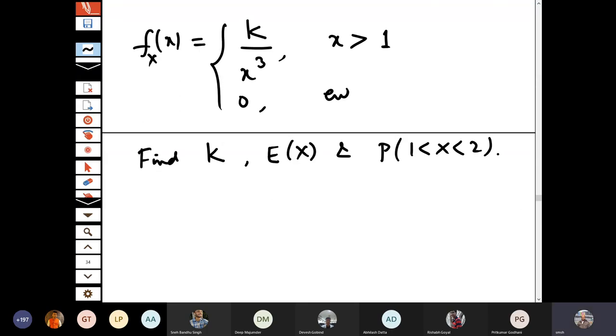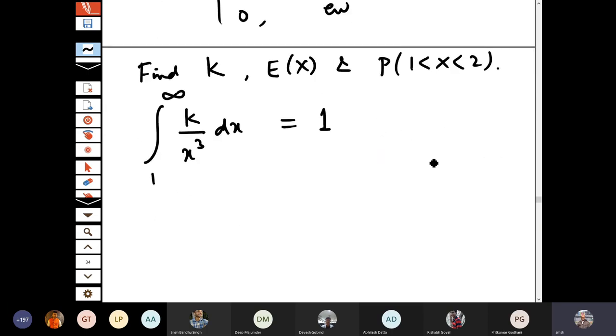If you want to evaluate k, then integral of k by x cube dx from 1 to infinity must be equal to 1 if it is a proper density function. This integral one can do easily. So this is k, and you have integral of x to the power minus 3, that is x to the power minus 2 by minus 2, from 1 to infinity.